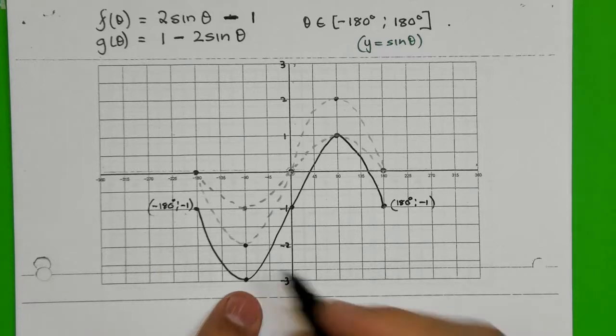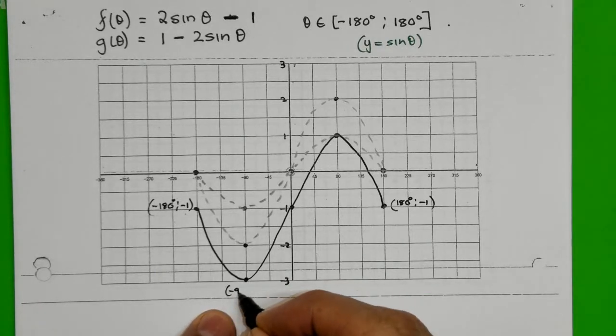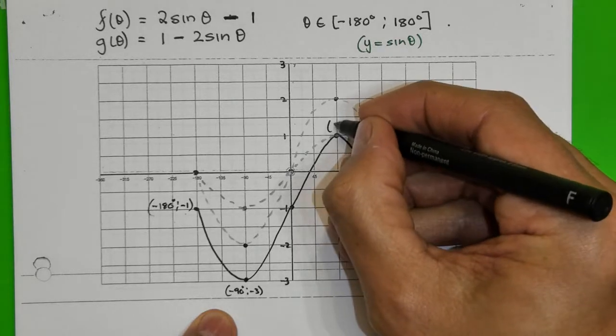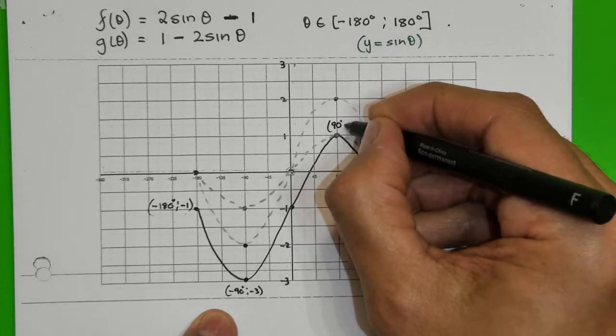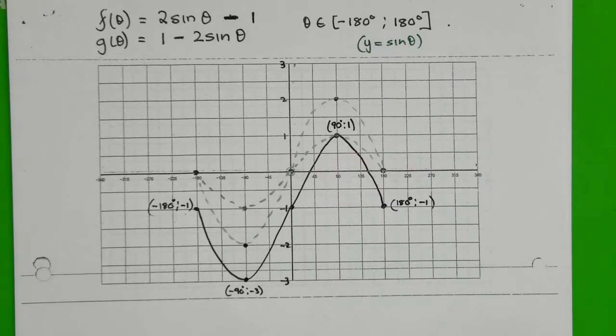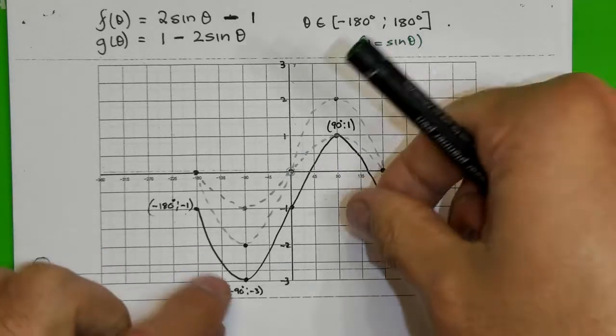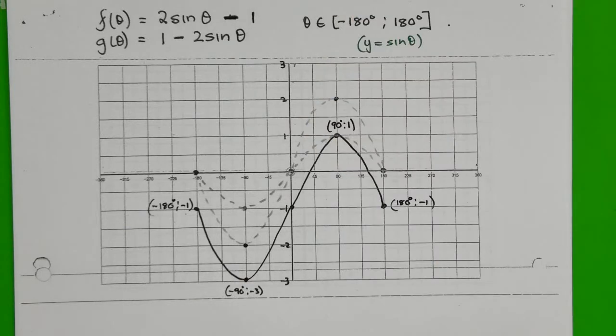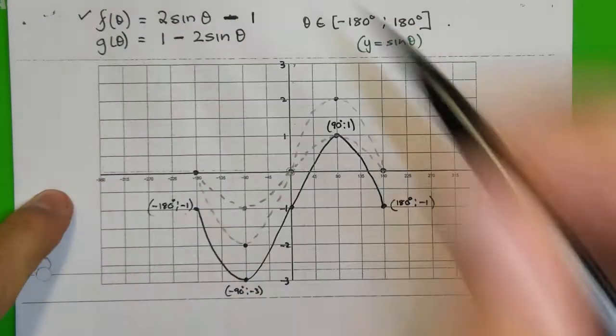And then my minimum would go to minus 90 and minus 3. And my maximum would go to 90 and 1. Okay, so the curve first of all stretched by a factor of 2 and then moved down. The first one, this is f of theta.